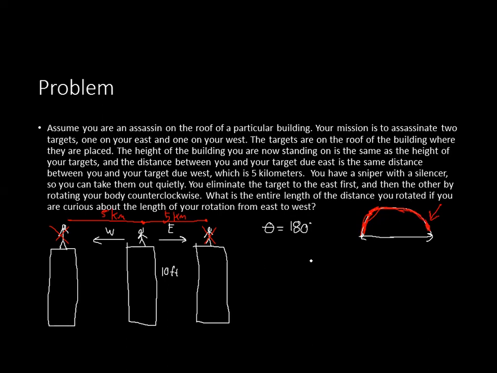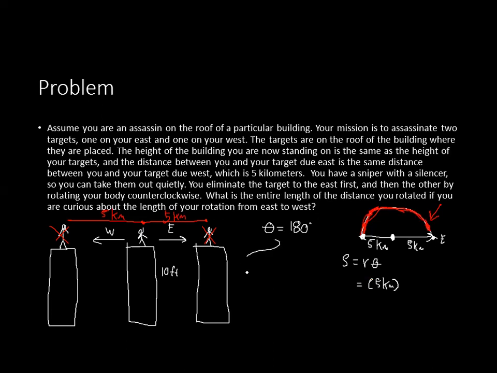Okay. So of course, we're going to use this formula: r times theta. Your r would be 5 kilometers, since this is you and the distance between you and the east is 5 kilometers, and that's also the same distance between you and the target due west. So your radius here is 5 kilometers. But your theta, once again, is 180 degrees. So you must convert this into radians.